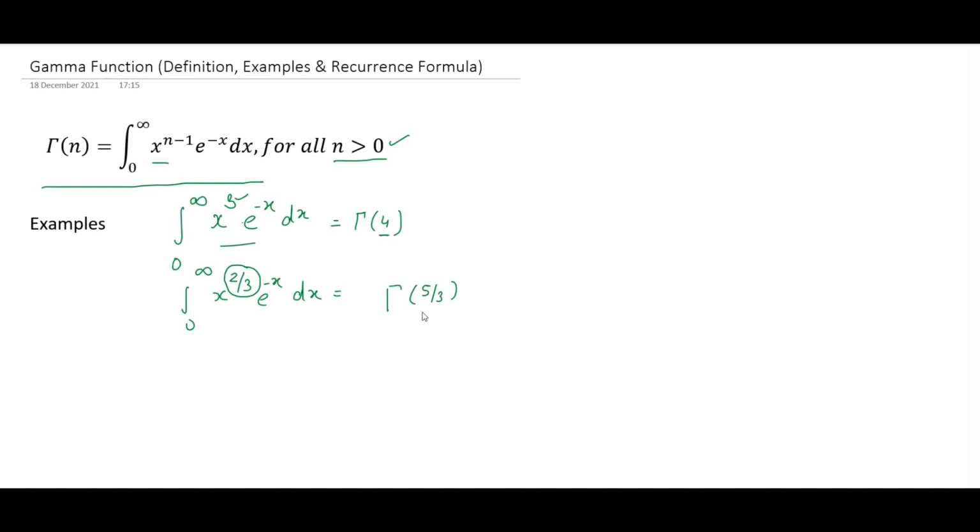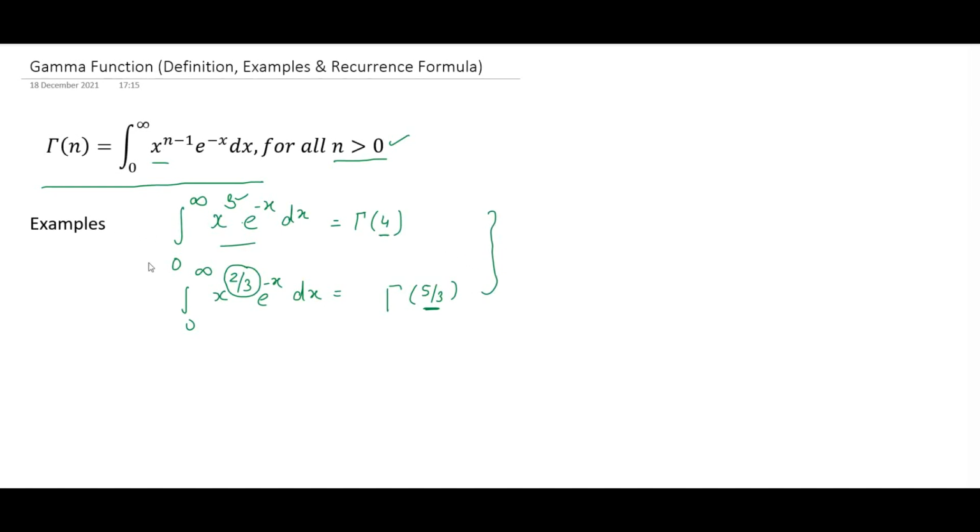And again, you are very much clear that this quantity in the bracket is greater than 0. Okay students, so this is the definition of gamma function, and these two examples show how to represent a given integral as a gamma function.